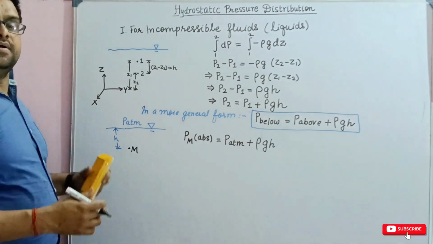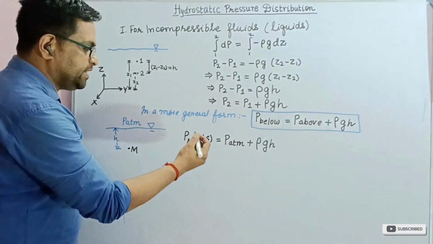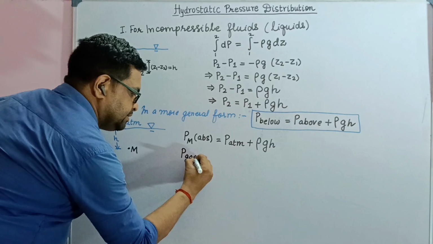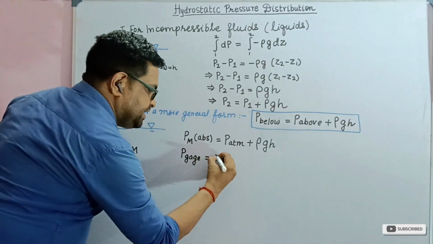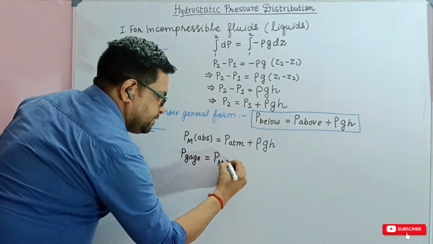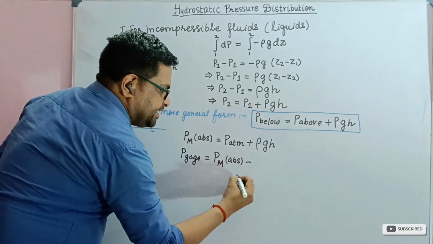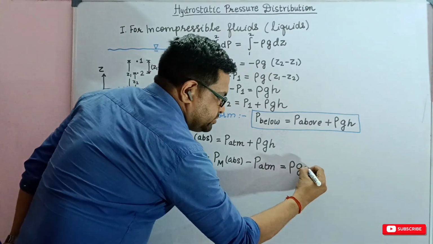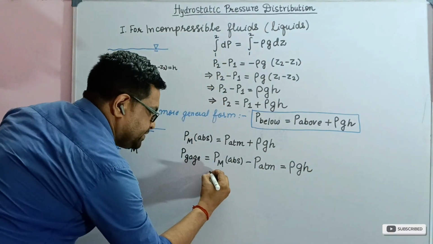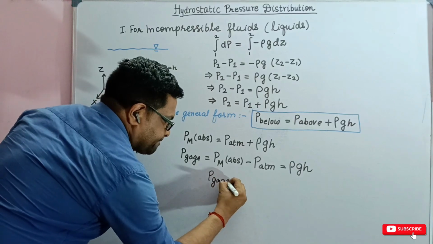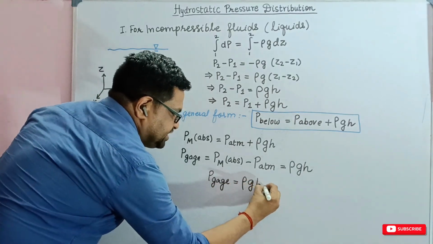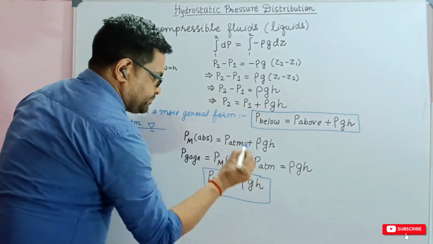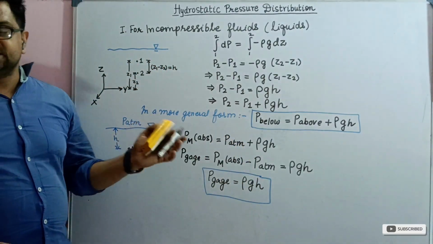From this we can now calculate the gauge pressure at M. So the gauge pressure at M can be given as P gauge will be equal to Pm absolute minus P atmospheric, which is equal to rho g H, or P gauge is equal to rho g H. Now what does this imply?